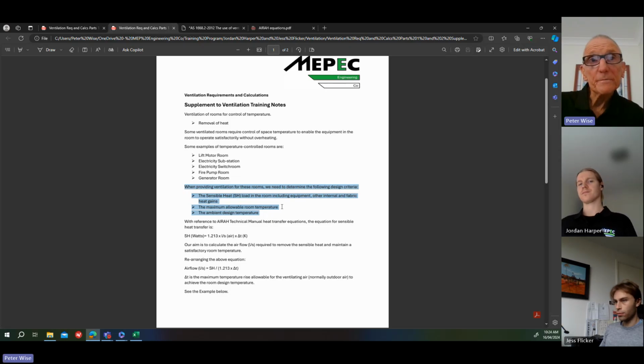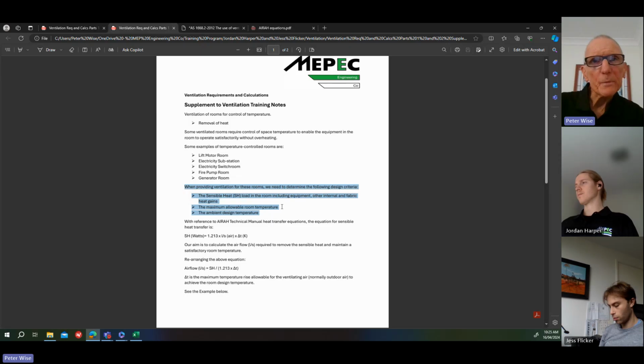If it's a generator room, and I have done these, the suppliers of the generators will say, we don't want to exceed, say, 50 degrees Celsius. They might say that the generator will operate, because it's normally a diesel engine driving an electric generator, so the engine might operate up to 70 degrees, and it'll probably derate, but it'll still operate.